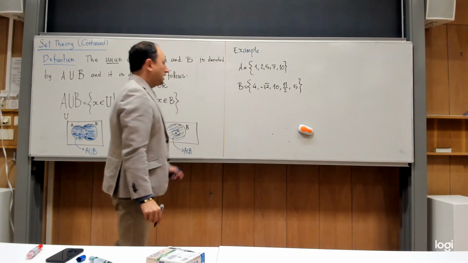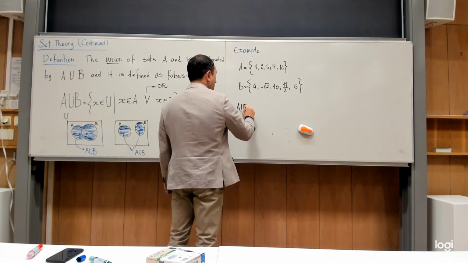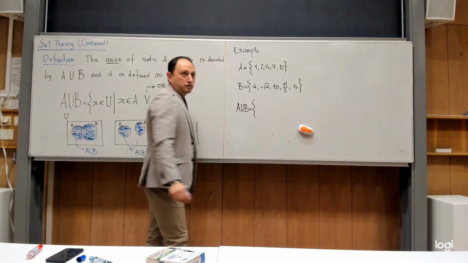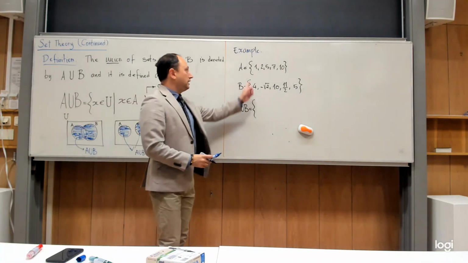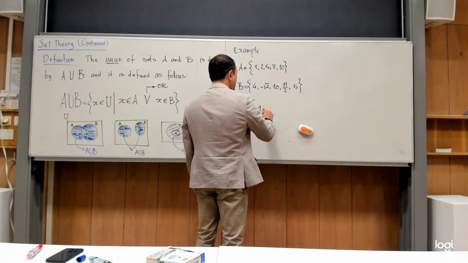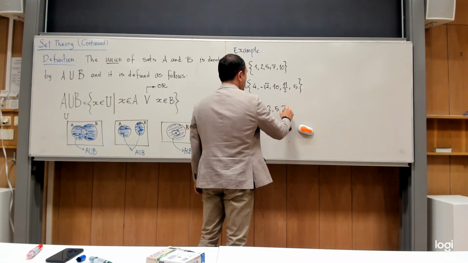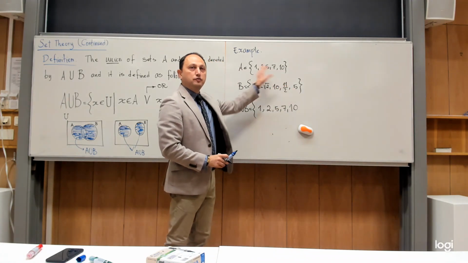And I ask you to determine the union A union B. How do you do that? I start writing all the elements of the first set. So it becomes 1, 2, 5, 7, and 10. And in principle, I have to add the elements of B to it.